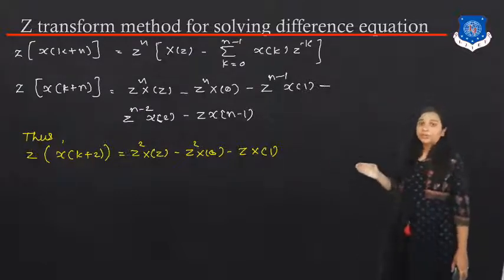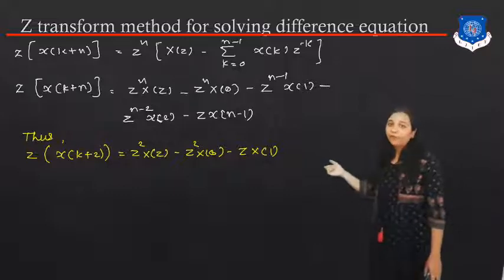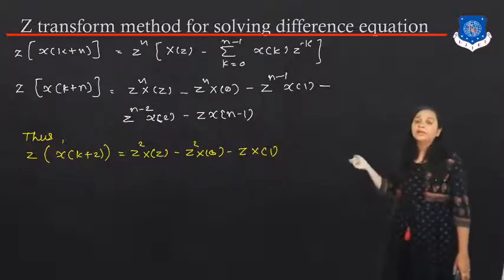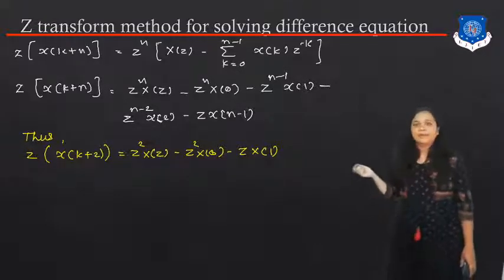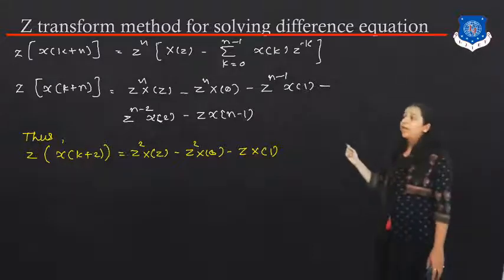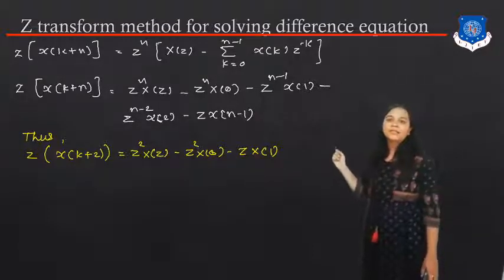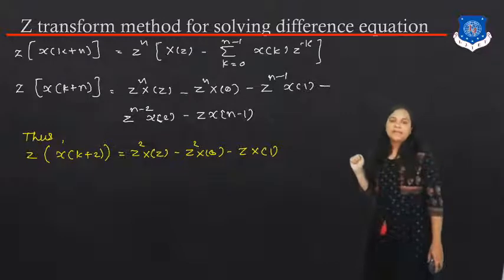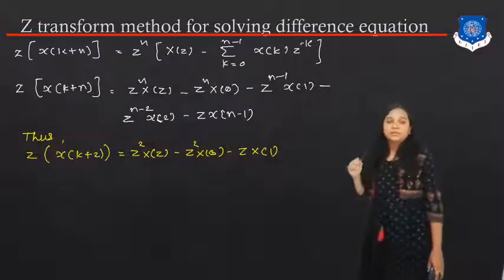So the difference equation for Z of x of k plus 2 is equal to z square x of z minus z square x of 0 minus z x of 1.